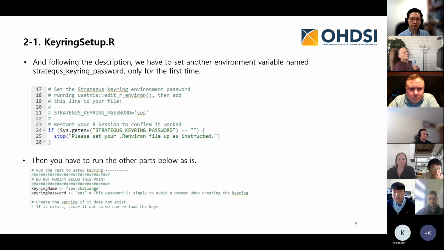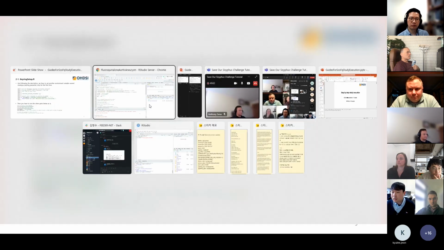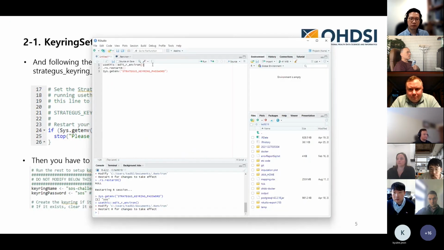And following the description, we have to set an environment variable named Strategus keyring password only for the first time. If you run the edit R environment function, then a new window will pop up like this.